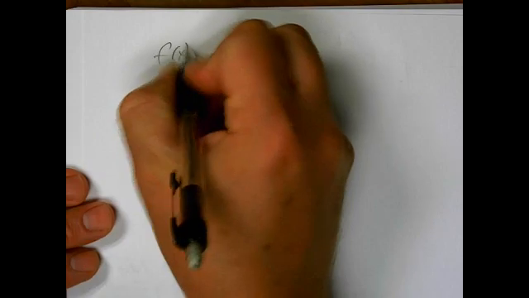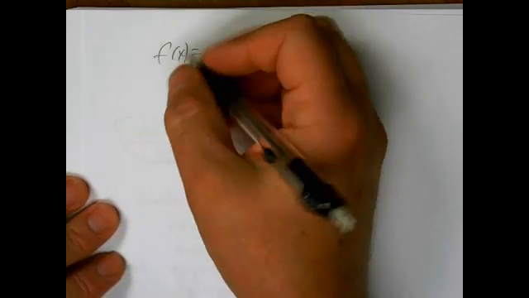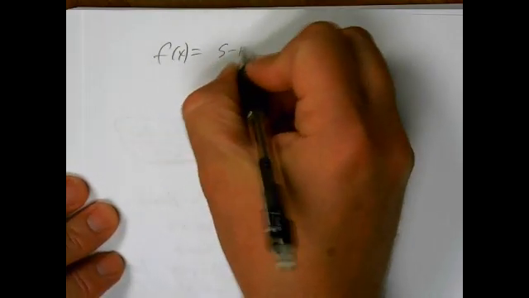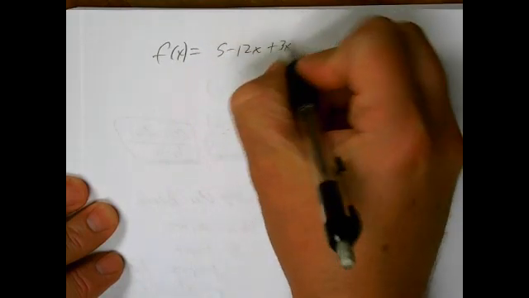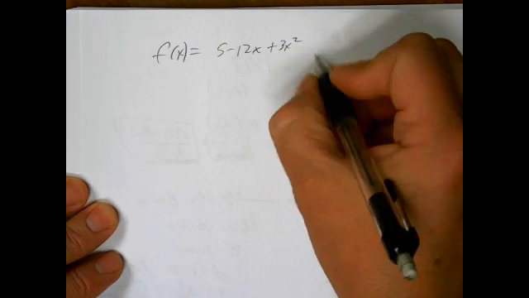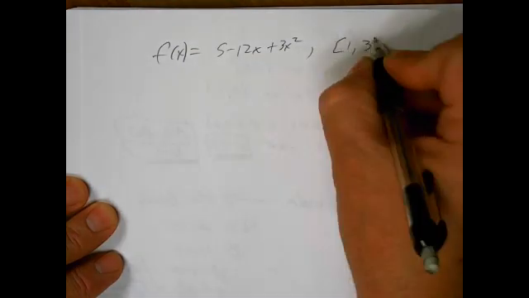All right, so let's say that my f of x was equal to 5 minus 12x plus 3x squared. And we're interested in the interval from 1 to 3.